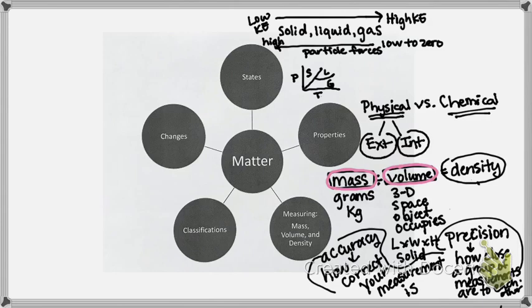So accuracy is how close your measurement is to the accepted value. So if the density of aluminum is 2.7 and you get 2.8, you're pretty accurate. You're really close. Now, if the density is 2.7 and your measurements are 2.9, these are three different measurements, and then 3.7 and 1.2 are your density values.